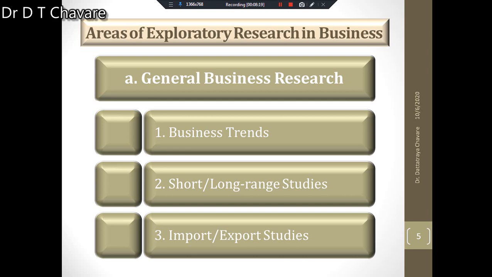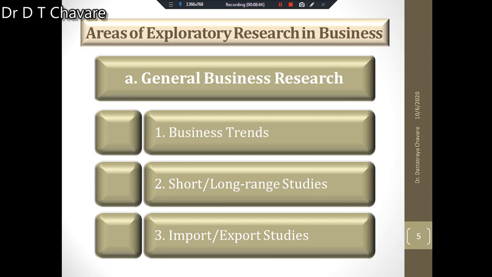In general business research, three types of research are conducted. First, business trends. It means that trend analysis is also done in this research. Different types of business trends are there, and you will get experience of those trends in different areas, different seasons, different periods also. That's why business trends is the first area.